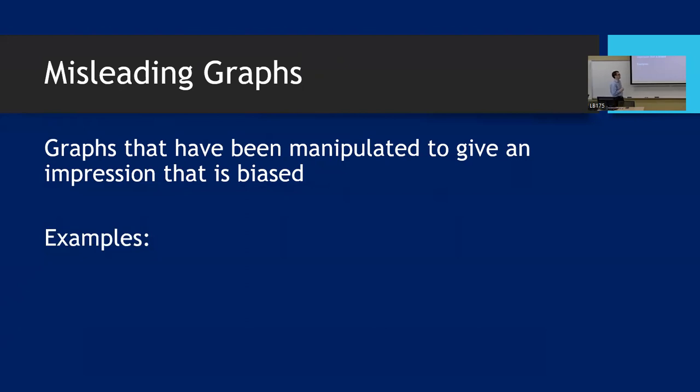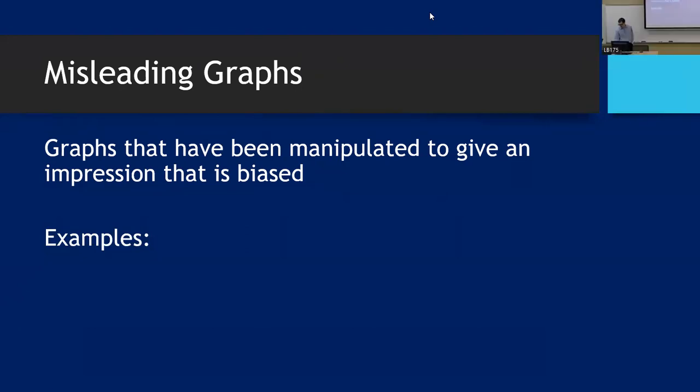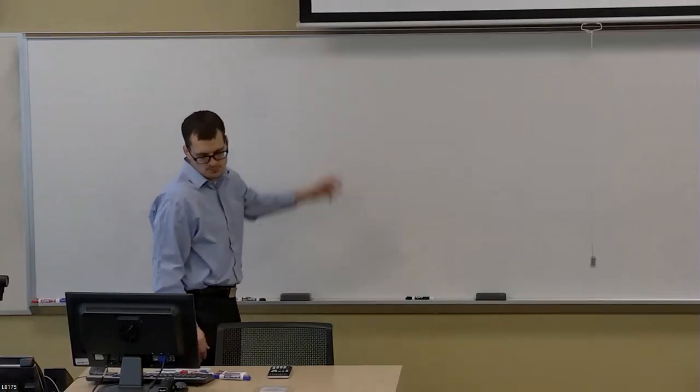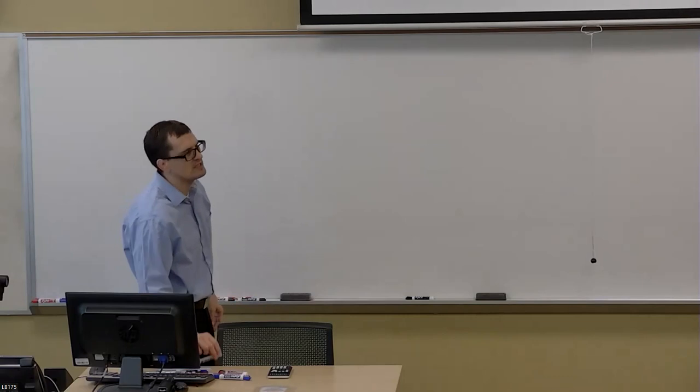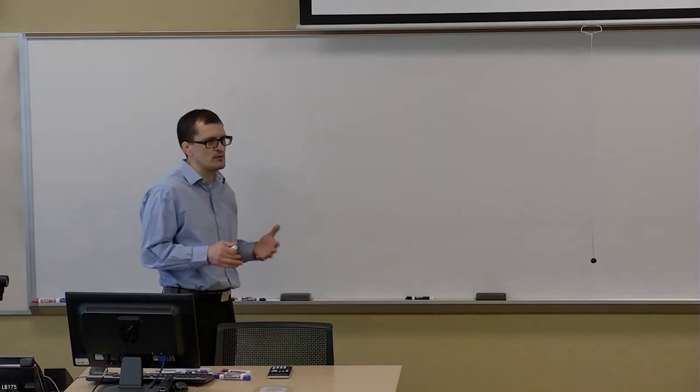So creating graphs that are more biased. Now, I'm not going to get into every single type of graph and every single thing that's going on, but let me give you at least a couple of examples of graphs that could be misleading.